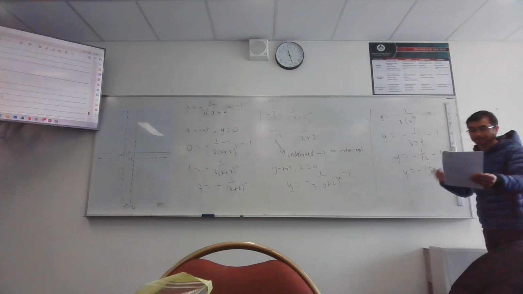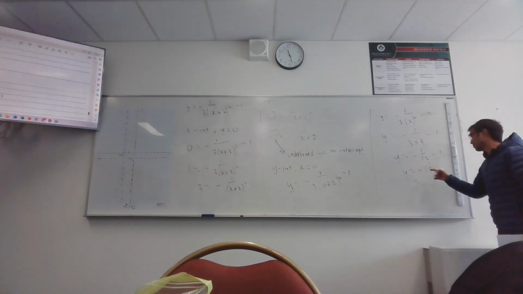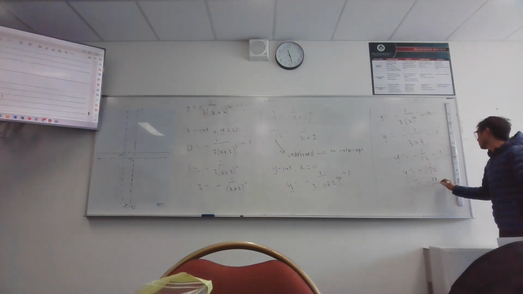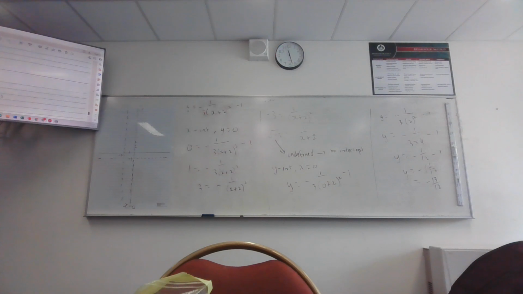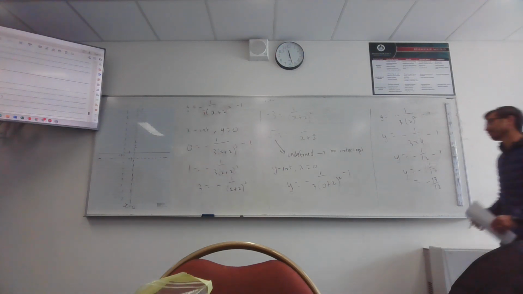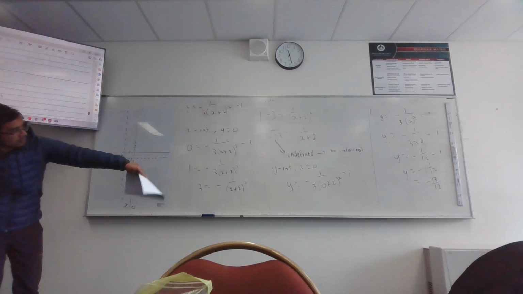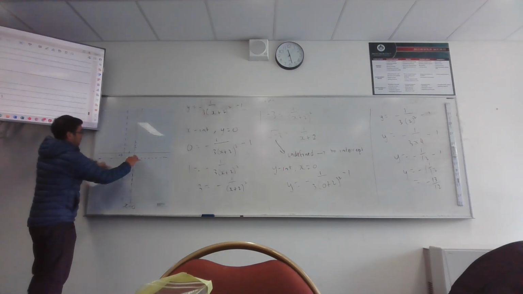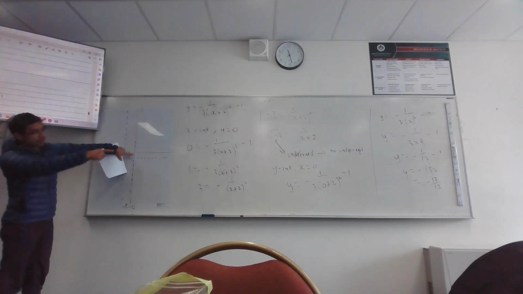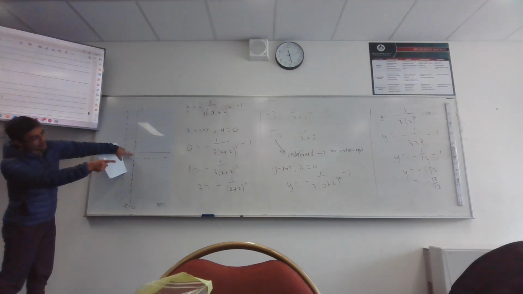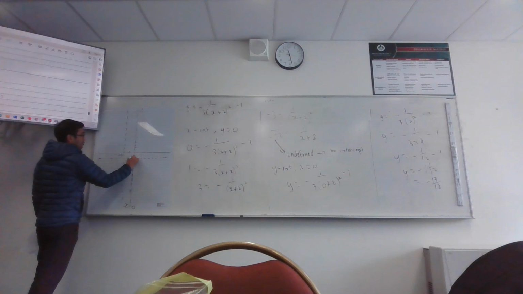So over here, if you get that as well, that's also correct. So when we go over here, x equals 0, I want the y-intercept at y equals negative 1 on 12. So negative 1 on 12 is here.